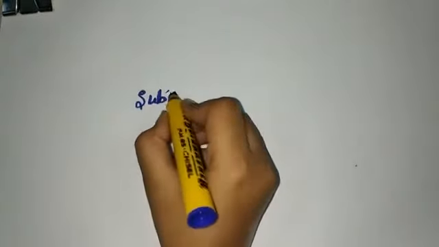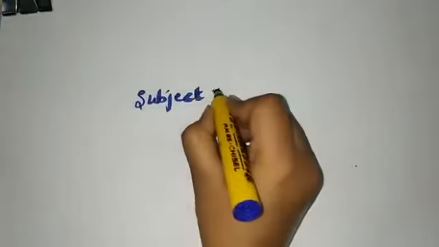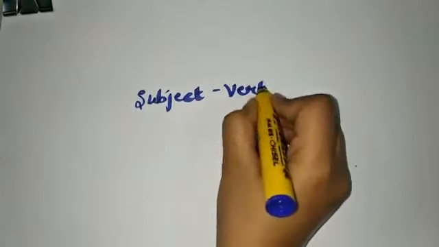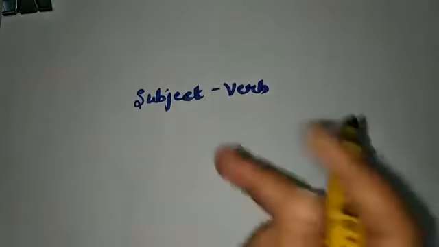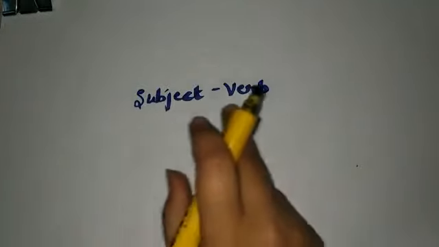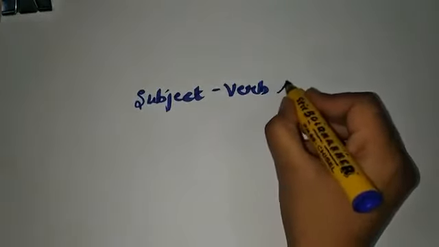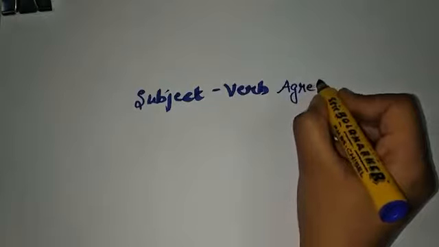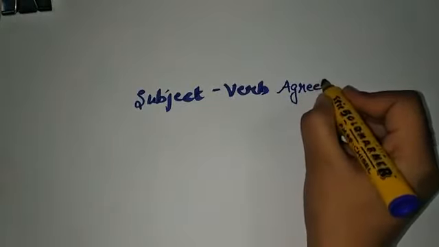Today in this class we are going to start subject-verb agreement. Now what is subject-verb agreement and why should we learn it? Because, as you can see from the name, subject-verb agreement is a relation between subject and verb.